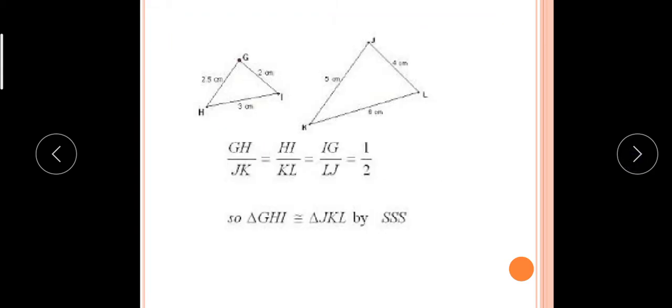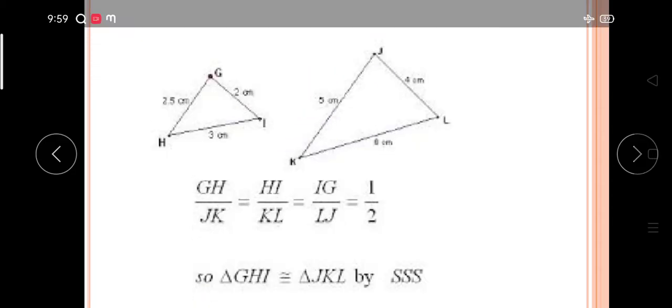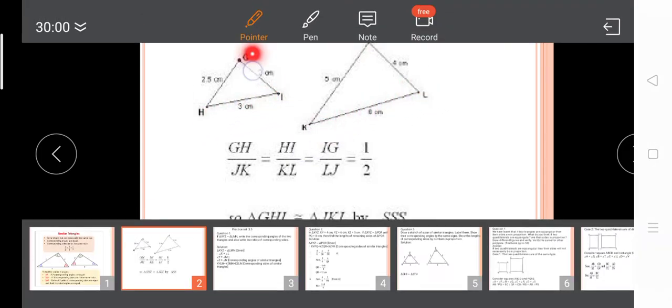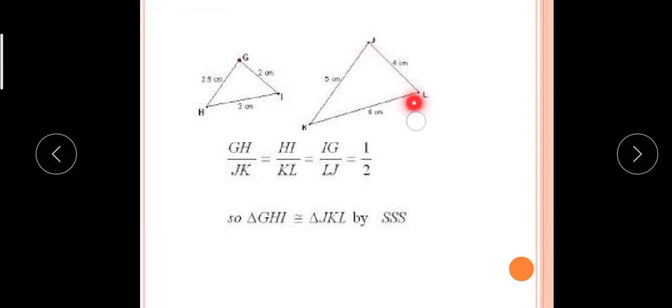Now see, for example, I am going to show you. GH upon JK. If you observe, these two triangles are of equal shape. GH upon JK is equal to HI upon KL and GI upon JL. 2.5 upon 5, that is 1 by 2. 3 by 6, that is also equal to 1 by 2.